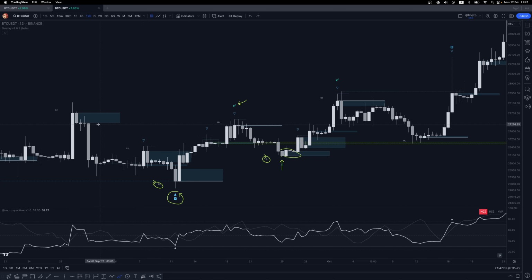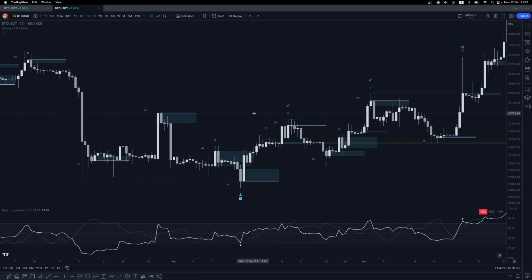Otherwise, they don't appear. For example, this SD block has no triangle here, because it's not sweeping anything, there's no liquidity being taken. So these just tell you a price action story, if you will, once you start following them.